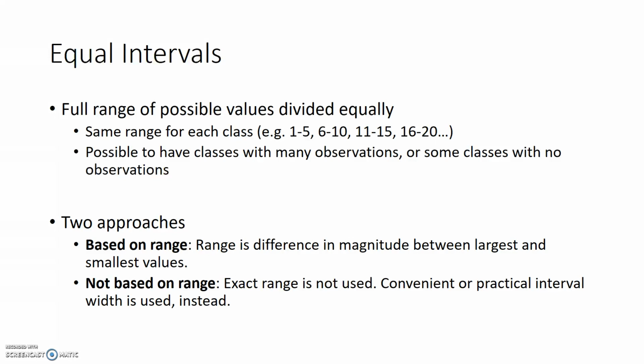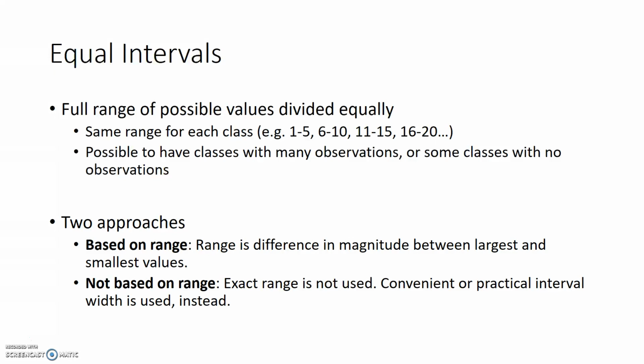So you may have some class or some group that has many observations in it, like perhaps almost all of your values fall between 1 and 5, and maybe only a couple fall in 11 to 15. That's possible with equal intervals.